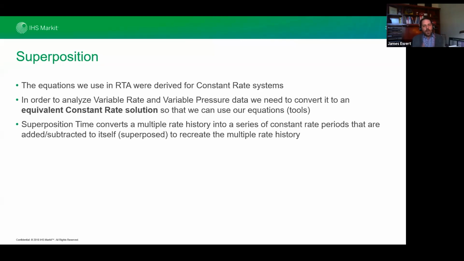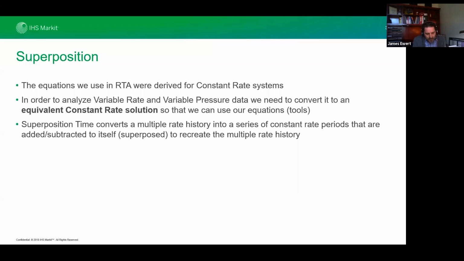So superposition. Keep in mind, the initial equations for rate transient analysis were derived for constant rate systems. So in order to analyze variable rate and variable pressure data, we need to convert it to an equivalent constant rate solution. So we're not changing the equations a whole lot. What we're going to do is change the data so that it fits with those equations that we have.